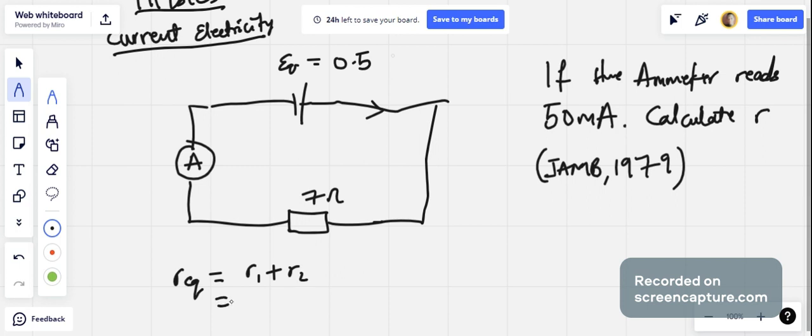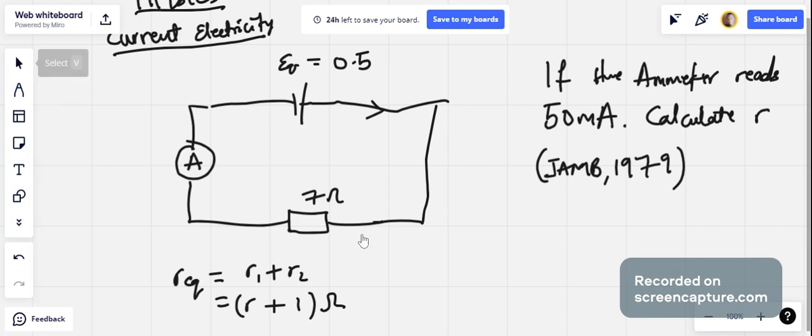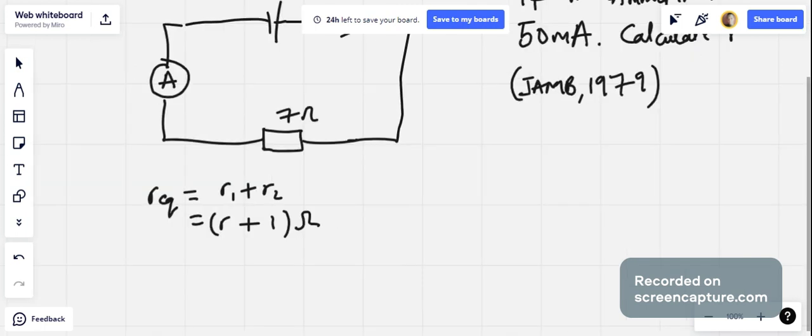Our R1 there, we remember, was R. So we write R. And the internal resistance of the second cell was 1. So the equivalent internal resistance will be R plus 1 ohms. So let's move that up.